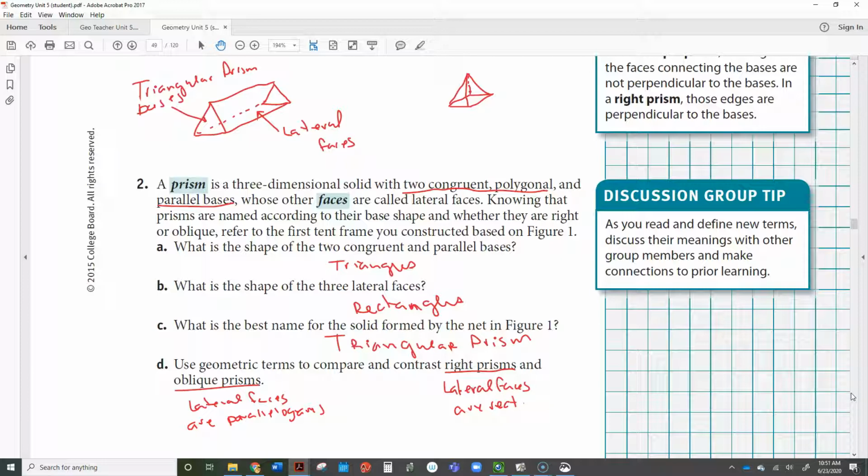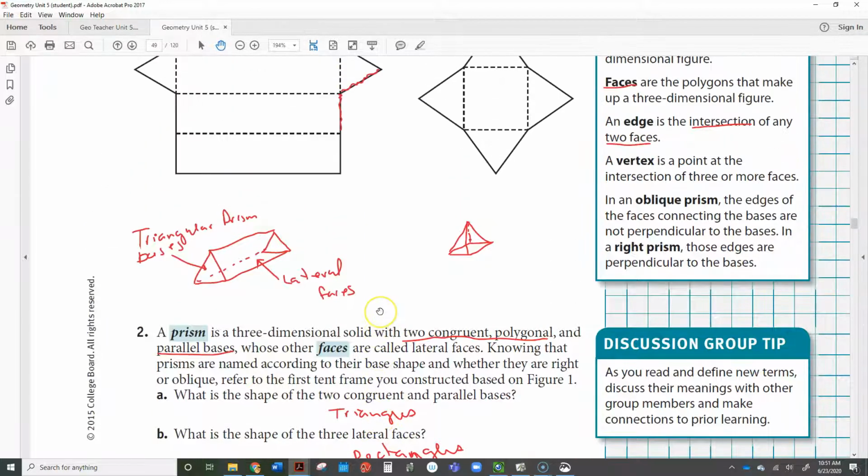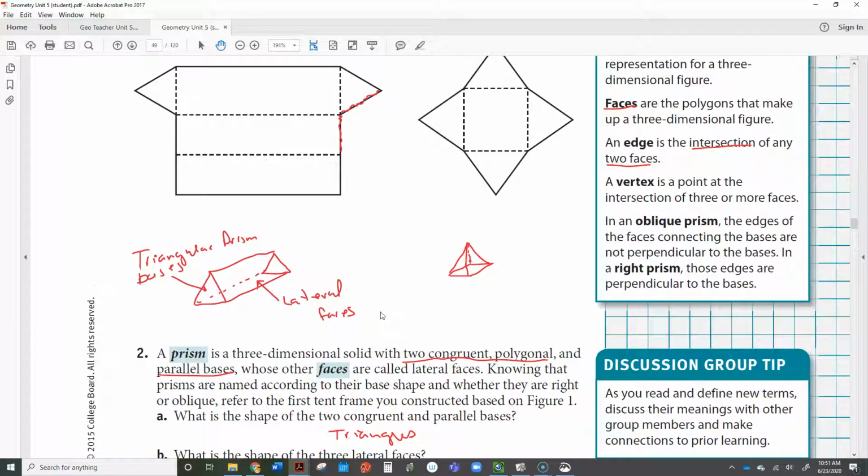Let's see, on lateral faces, the edges are perpendicular or parallel. So this edge right here is perpendicular to that edge right there. But this edge and this edge right here, those are parallel. And those are the only two relationships. They're either perpendicular or they're parallel.